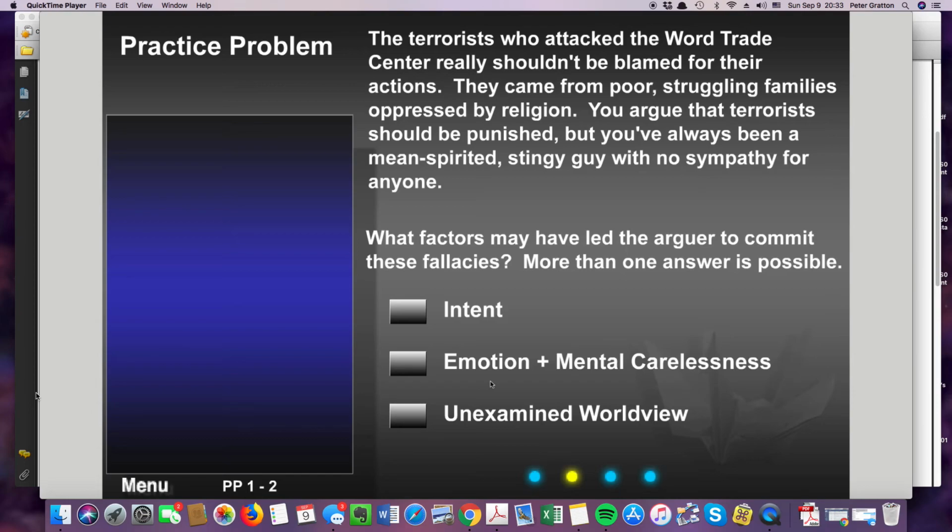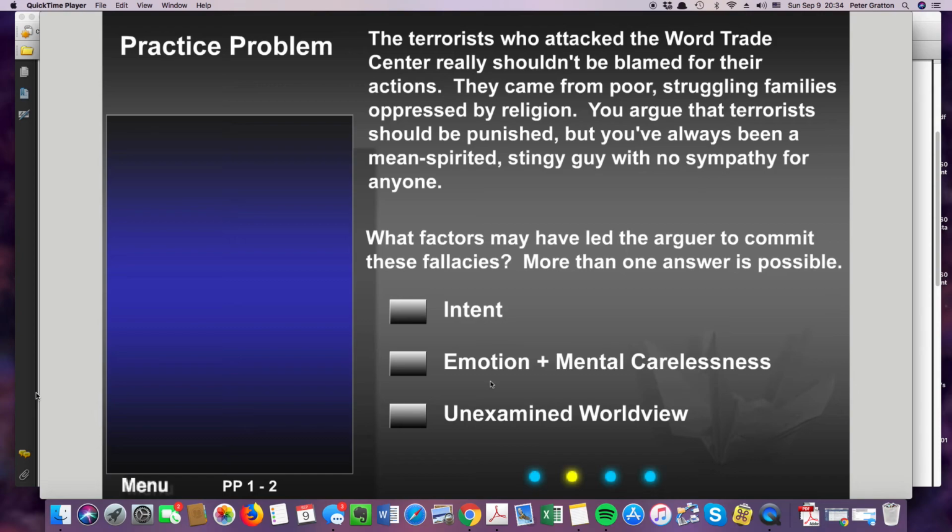Right? The arguer supports it, one is buying them. And he then tries to discredit the opposing argument by showing that the arguer fails to practice what he preaches. What factors may have led the arguer to commit these fallacies? More than one answer is possible. I think emotion and mental carelessness, right?